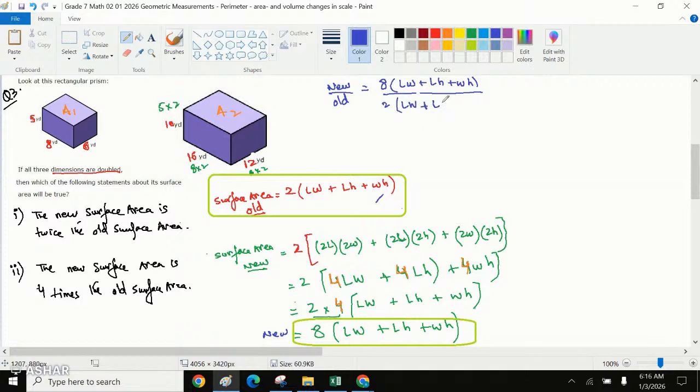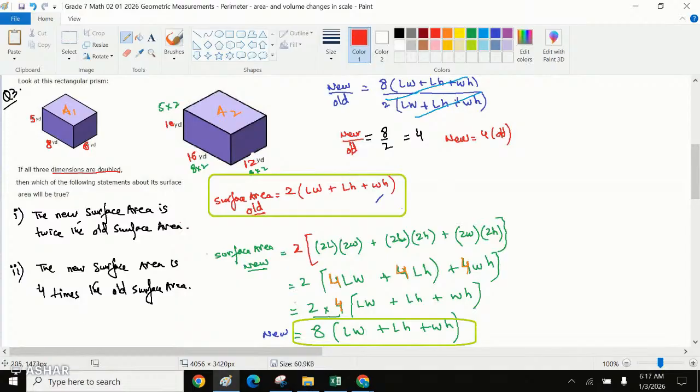When we have two values similar in the numerator and denominator, we can cancel out these values. What are we left with? We are left with 8 upon 2, which simplifies to 4. Agreed? That means the new area, this was new upon old, and when we cross multiply, we can say the new area is 4 times the old area. Agreed?